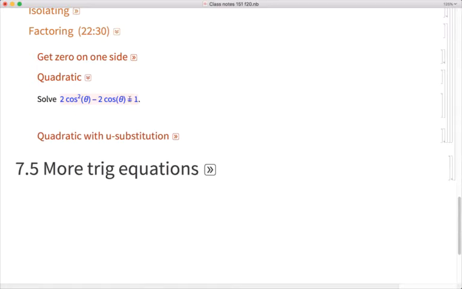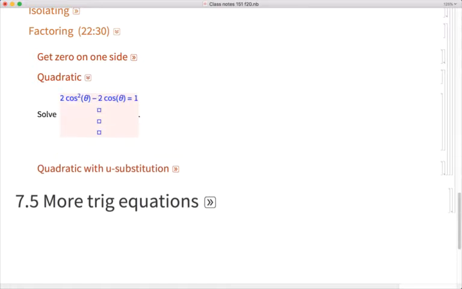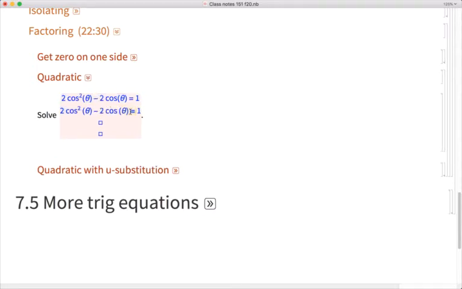So again, the step is to get 0 on one side. So let me do that with a copy paste. And this is kind of a challenge to factor because the squared term out in front has a coefficient on it. But it is going to factor as 2 cosine theta plus or minus something, and then cosine theta.